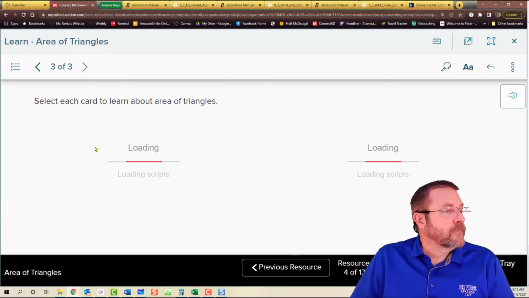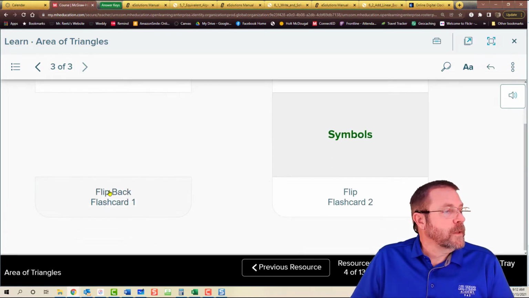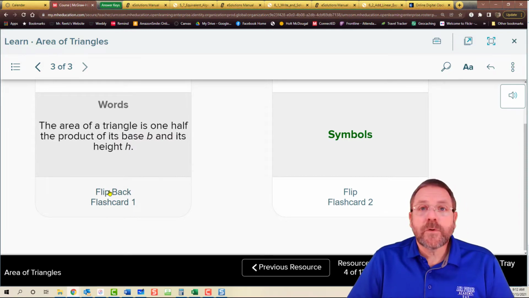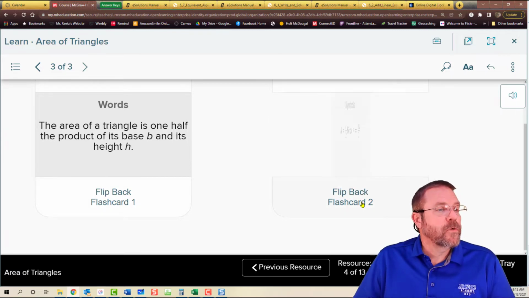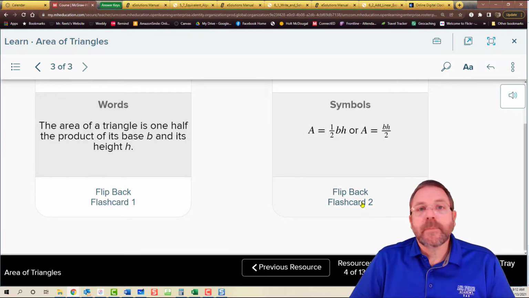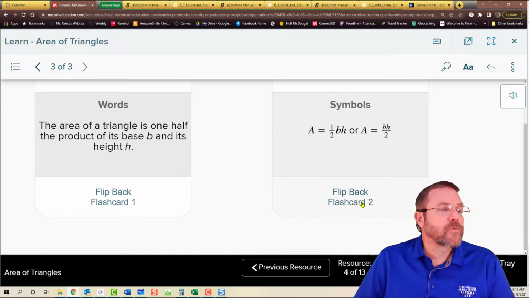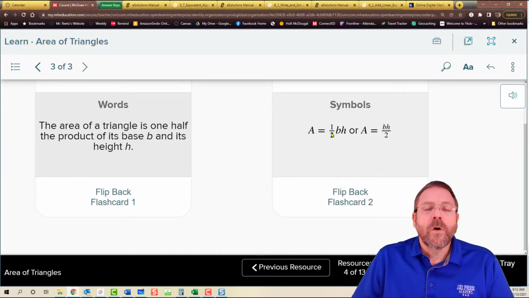Now we're going to find out hopefully what the formula is. It says the area of a triangle is equal to 1/2 the product of its base and its height. And the formula they're going to give us is area is equal to 1/2 times the base times the height, using a fraction right here, or area is equal to the base times height divided by 2.